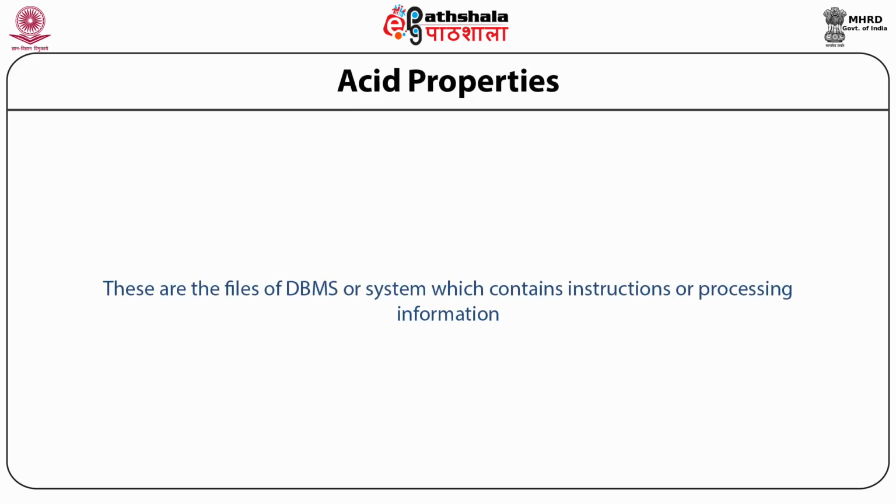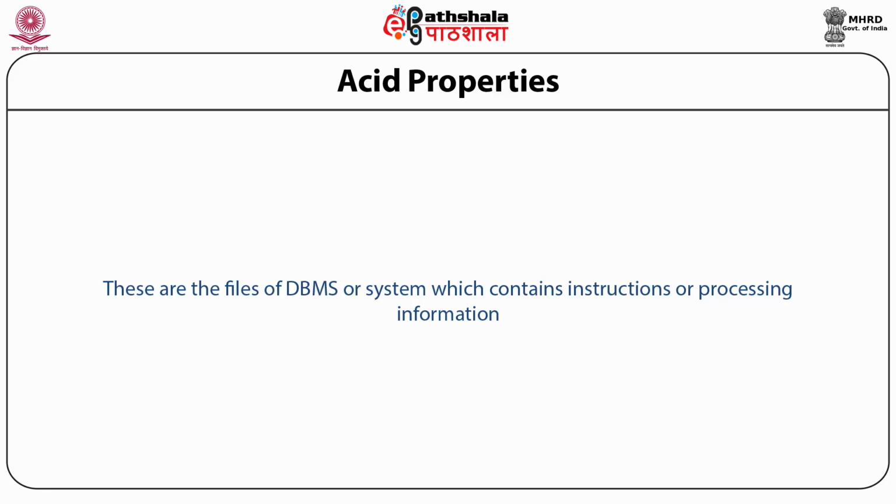Program files. Program files are the files which are part of a database management system. These files contain instructions or processing information. Normally, program files are the actual programs or parts of the software which contain the processing instructions for how a particular activity has to be done.